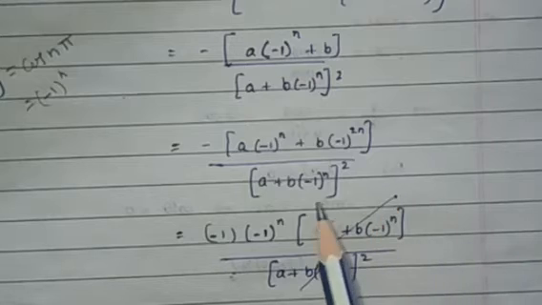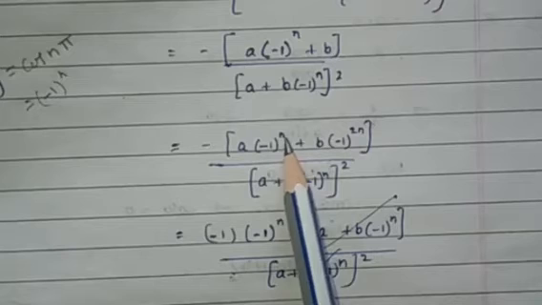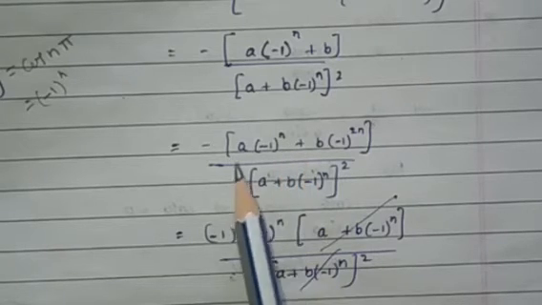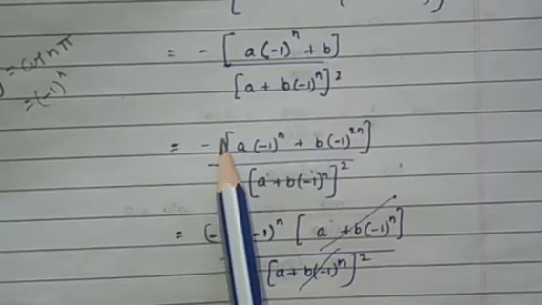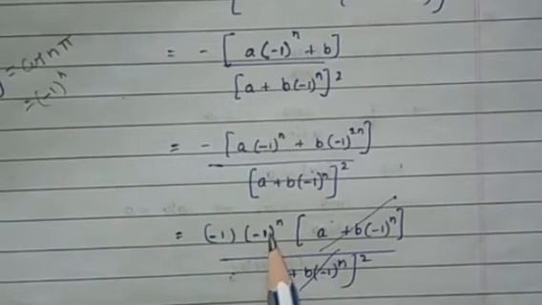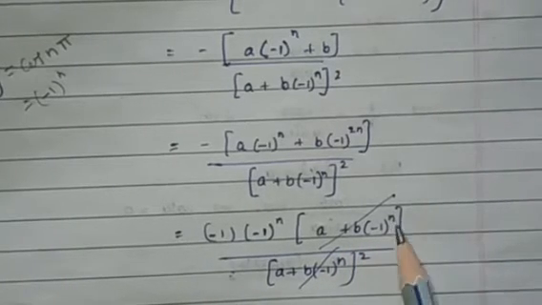Then the next step, you take minus 1 all to the power n outside. You get minus 1, it is already minus 1. Minus 1 into minus 1 all to the power n, a plus b into minus 1 all to the power n.